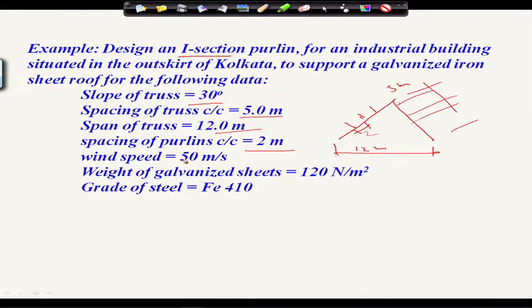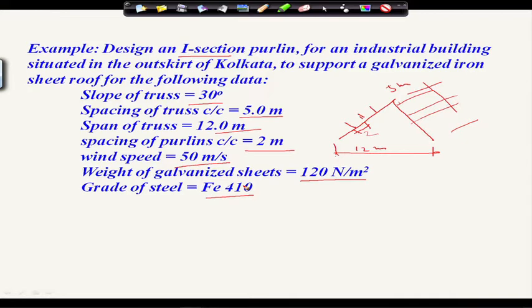Wind speed in Kolkata we can assume as 50 meter per second, the weight of galvanized sheet is given as 120 Newton per meter square, and the grade of steel is Fe 410. So, with this data we need to design an I section purlin.